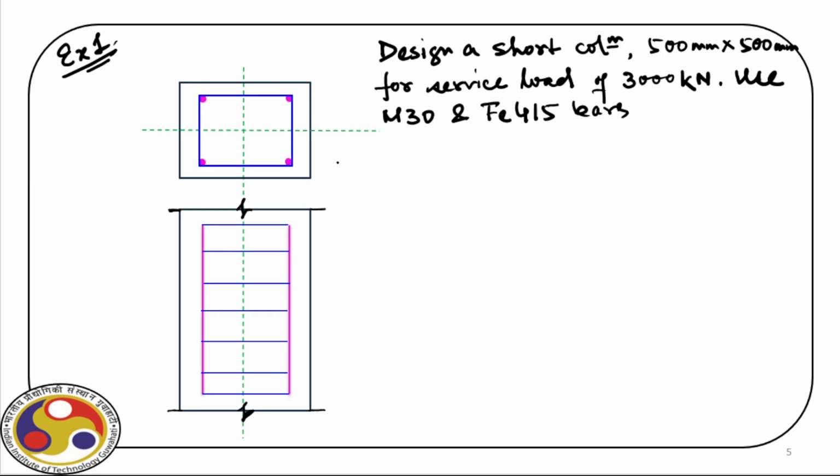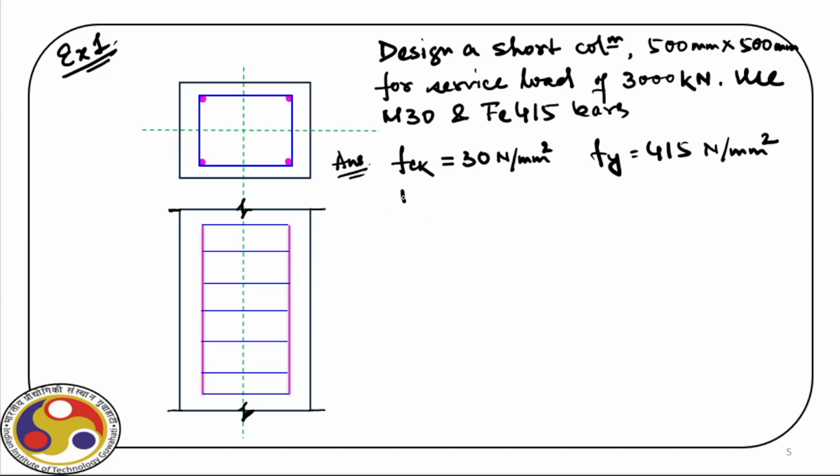What we have in this given problem is FCK equal to 30 Newton per millimeter square, Fy equal to 415 Newton per millimeter square, and P service load equal to 3000 kilonewton.